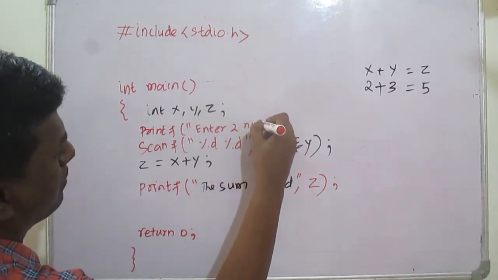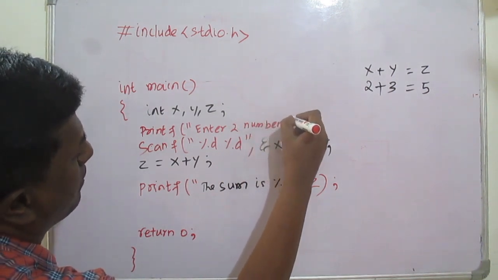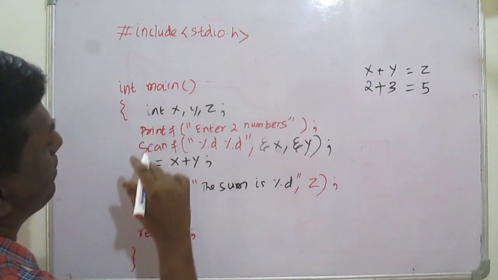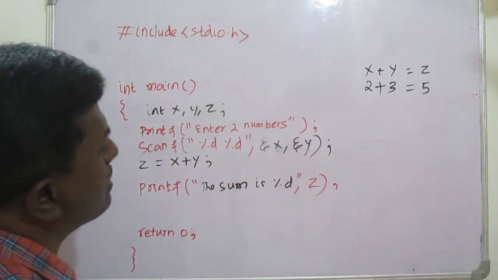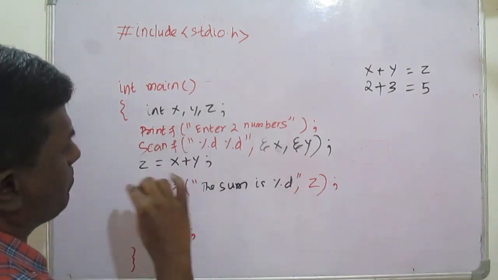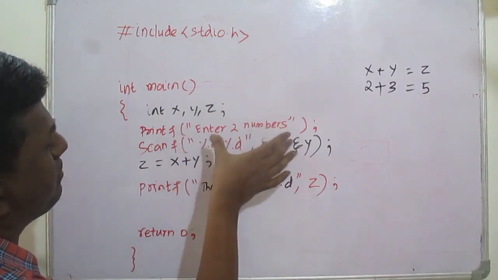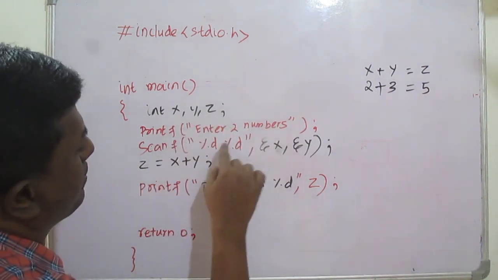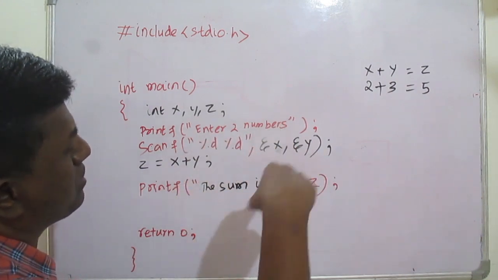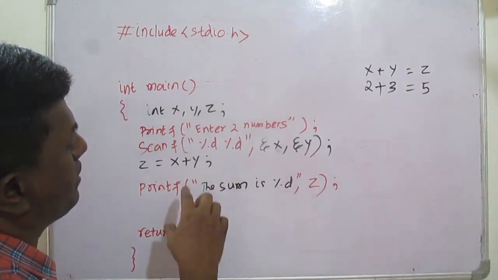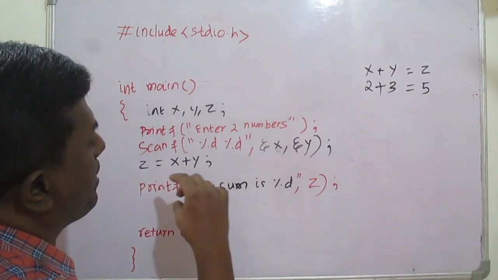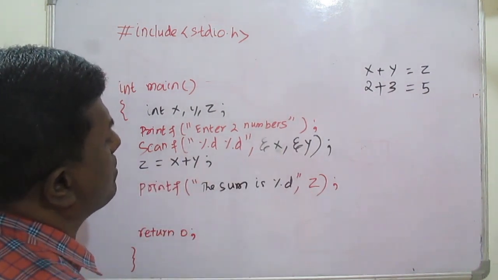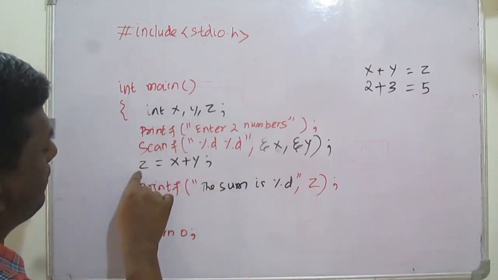This statement will be printed because the function of printf is to print statements or output. When you run the program, first this statement is printed, so we get the message in the display screen. Then the cursor will be blinking, and we have to enter two numbers, which will be stored.